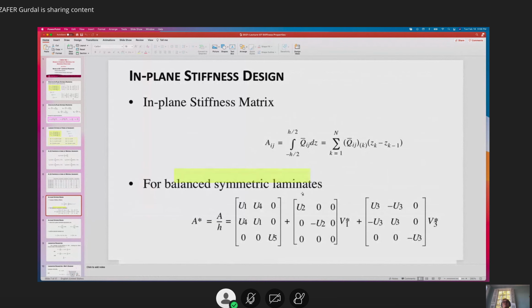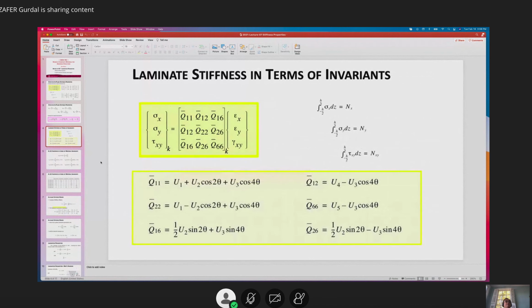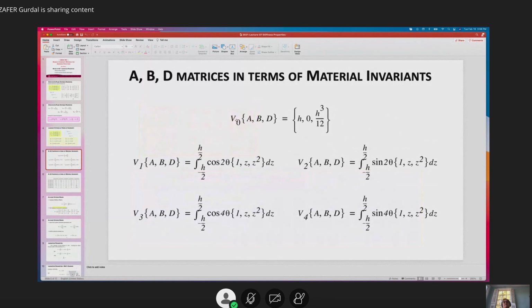We said those are the integrals of some quantities that are cosines and sines of the 2 angle and 4 angles.